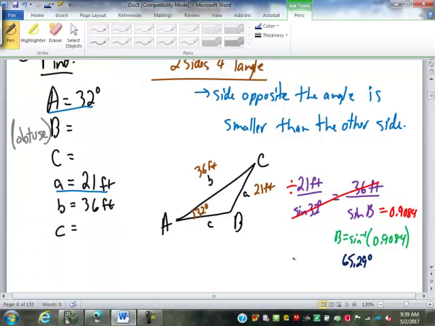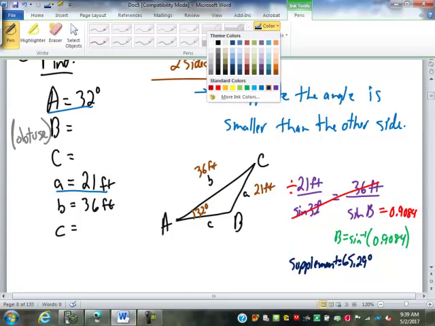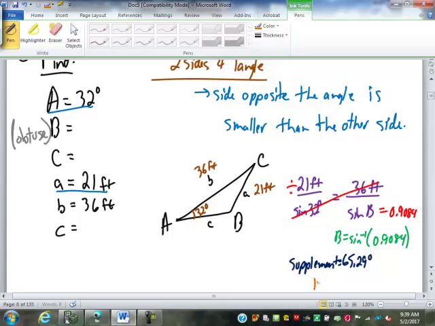That is the supplement of our angle. So to find the actual angle, it is 180 minus 65.29 degrees, which makes that 114.71 degrees, which makes angle C up here, I'm going to have to draw it up here because I ran out of room.